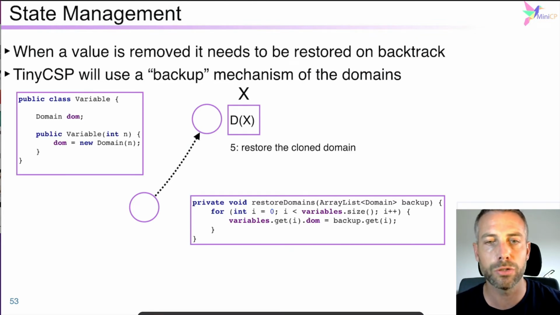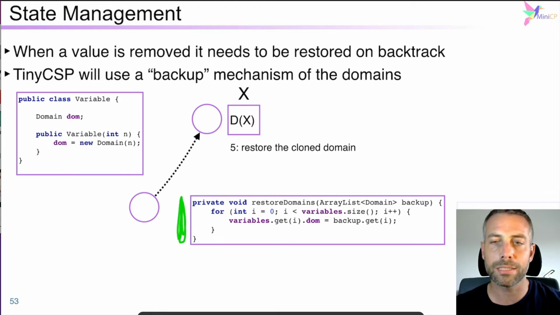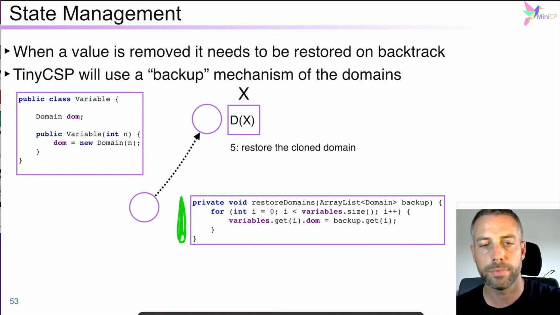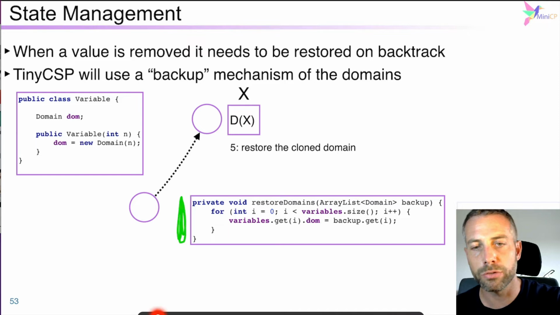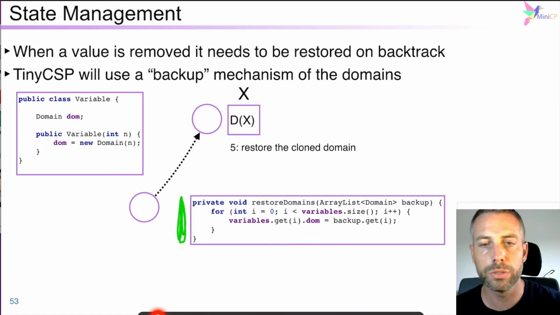We restore the cloned domain inside the variable X. Okay? And so we will have a private method inside TinyCSP that is only in charge of that. It takes a list of all the backups of all the domains of the variables. Okay? And then we will iterate over all the variables of our problem, and we will restore the domain instance variable to the value it has in the backup.